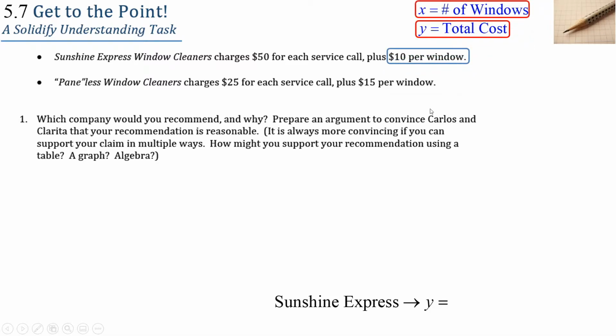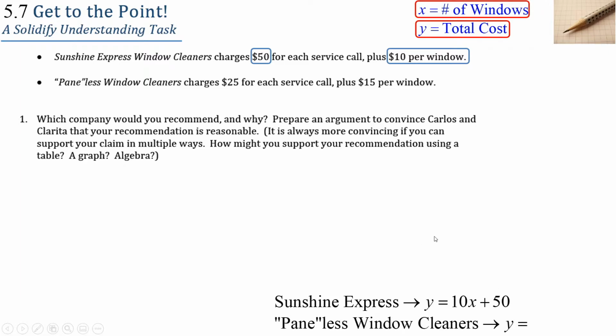We're going to use x for the number of windows, so $10 per window would simply be 10x. And then they also have the $50 service charge, so let's add 50 to that 10x, and that's going to be the total cost if we use Sunshine Express: $10 per window plus their $50 service call fee.